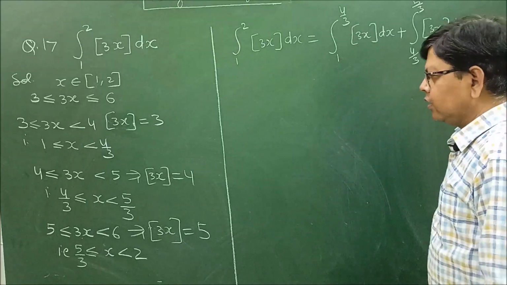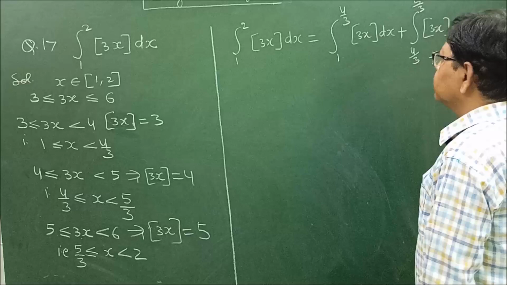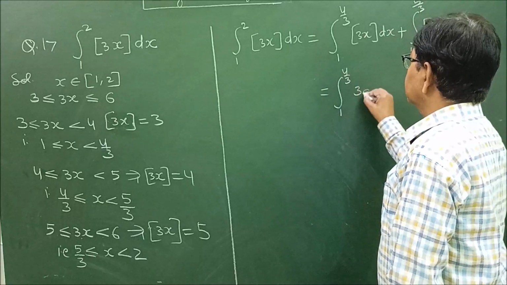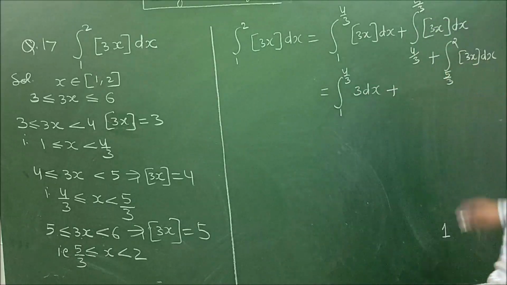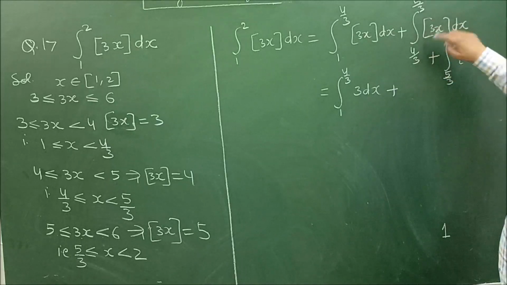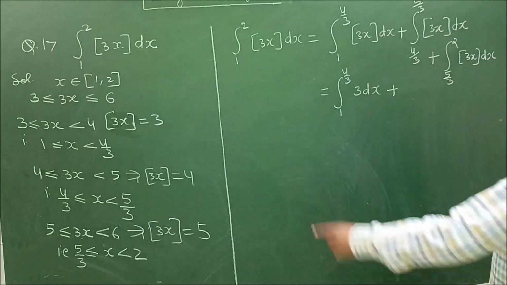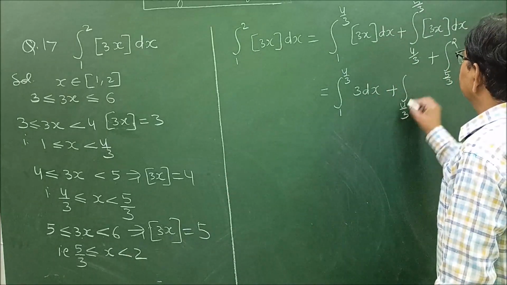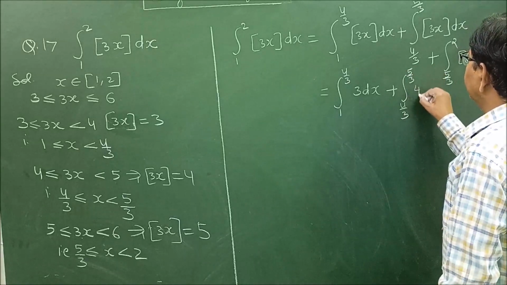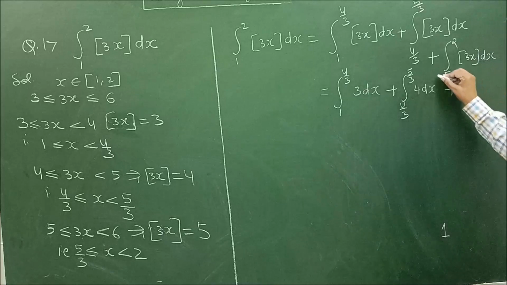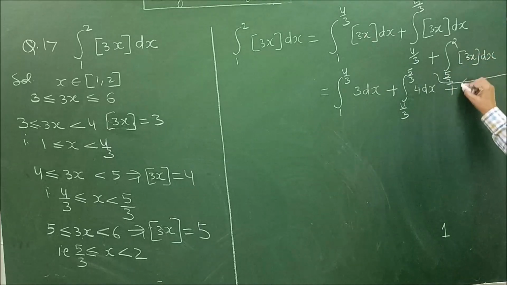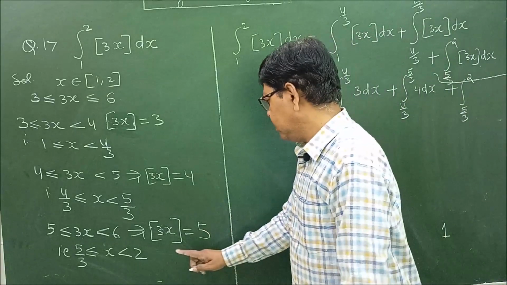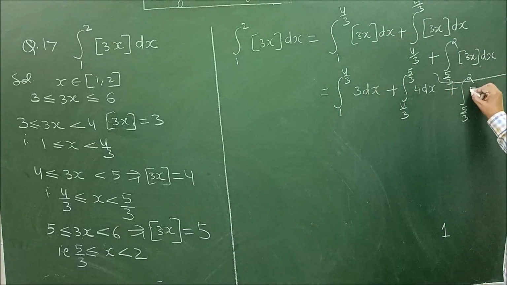Now in this limit, lower limit 1 and upper limit 4 by 3, greatest integer 3x is equal to 3. So I can write 1 to 4 by 3, 3 dx, plus within these limits the value of greatest integer 3x is equal to 4, so 4 by 3 to 5 upon 3, 4 dx, plus from 5 upon 3 to 2, greatest integer 3x is equal to 5, 5 dx.